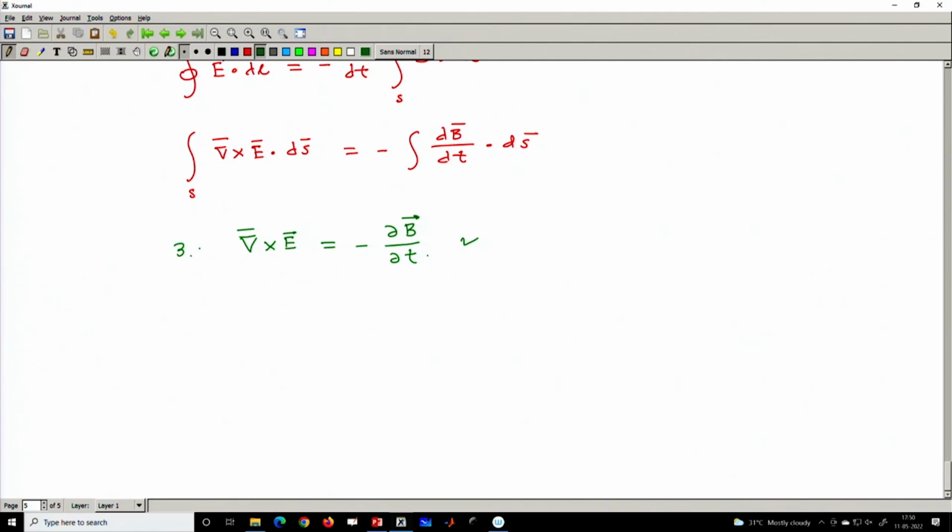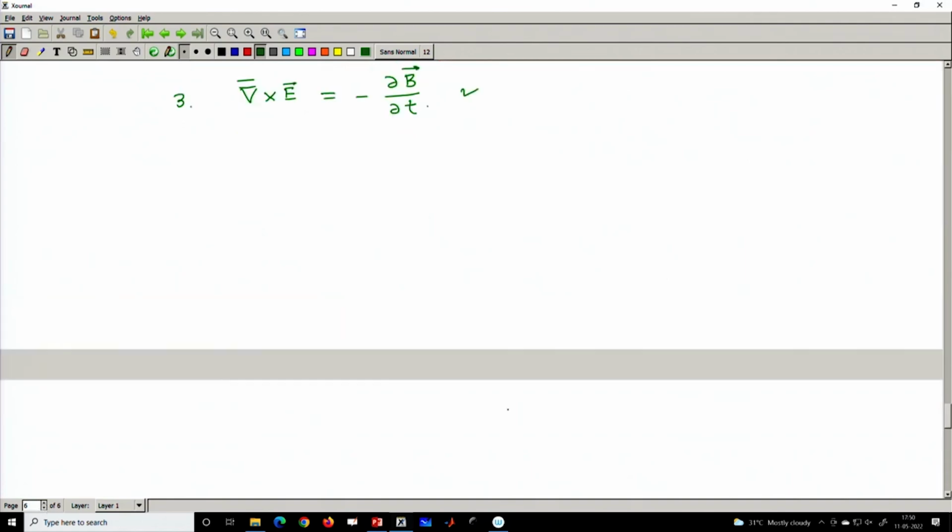What about the final, fourth equation? The fourth equation is essentially Ampere's law with a modification by Maxwell.